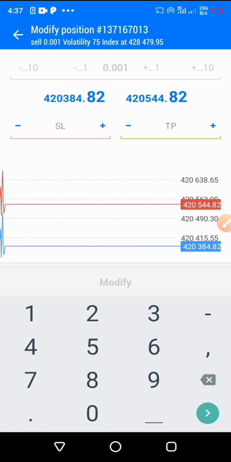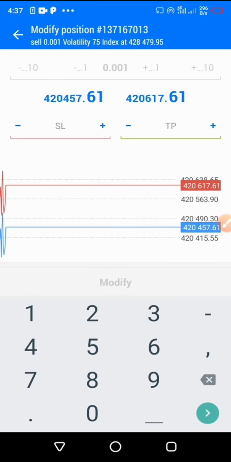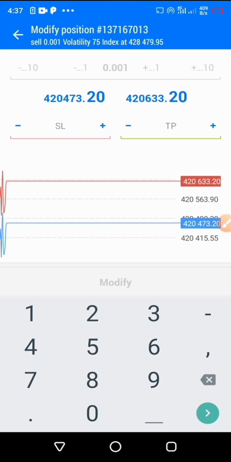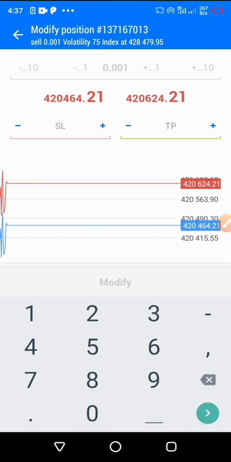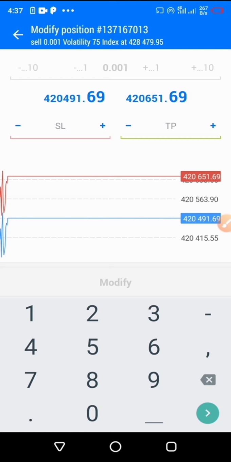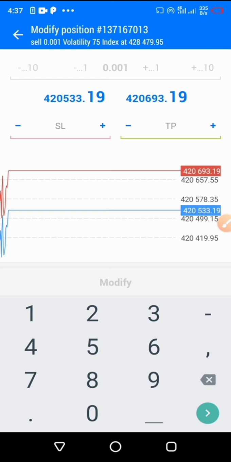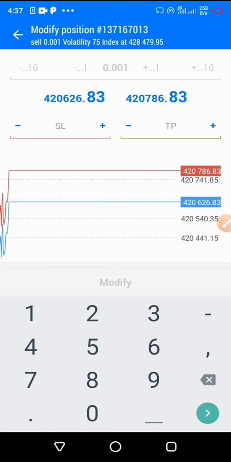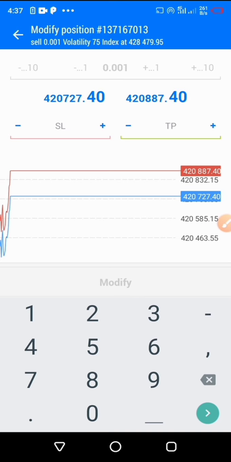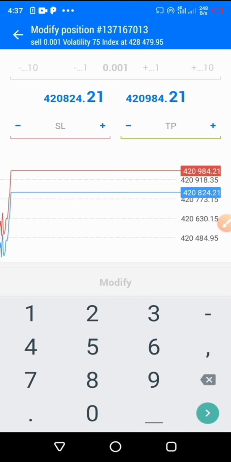As soon as you enter, click on market execution, the next thing you do is make sure you adjust and set up your take profit and stop loss. You are willing to lose $1 for that single trade.